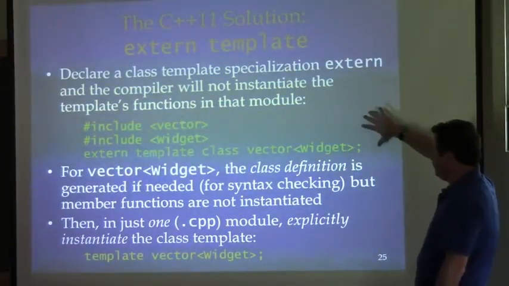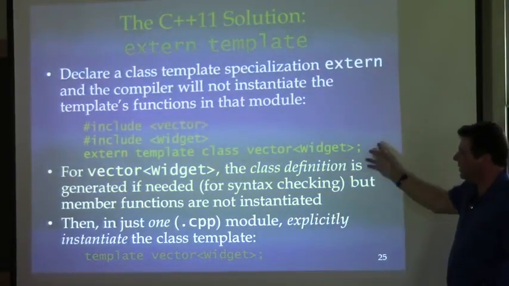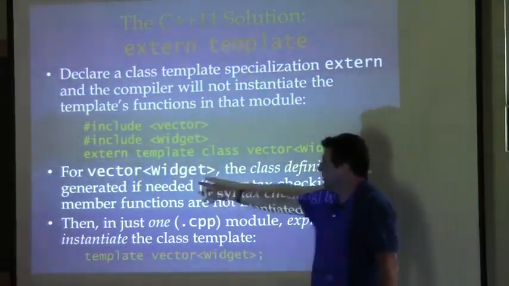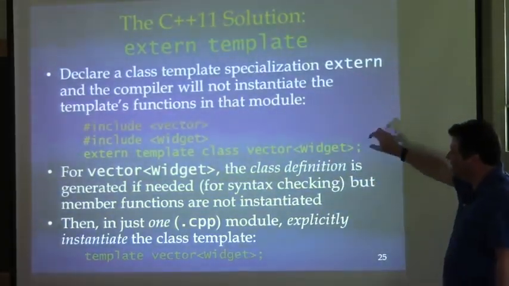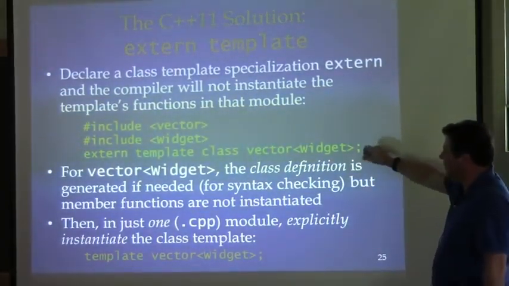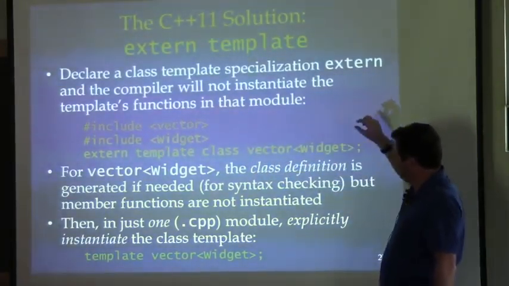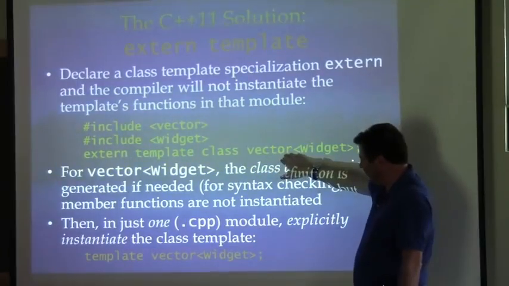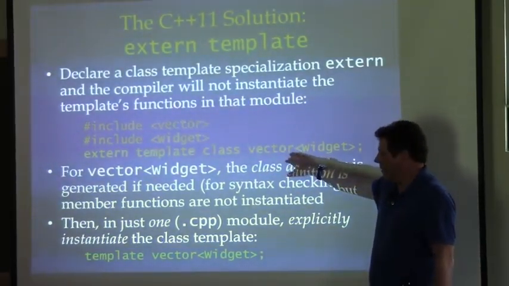And then in every individual translation unit, except for one, or maybe even in all of them, you write extern template class vector widget. So what this tells the compiler is that the actual implementation of vector of widget, the specialization for that template, will be generated elsewhere in some other translation unit.